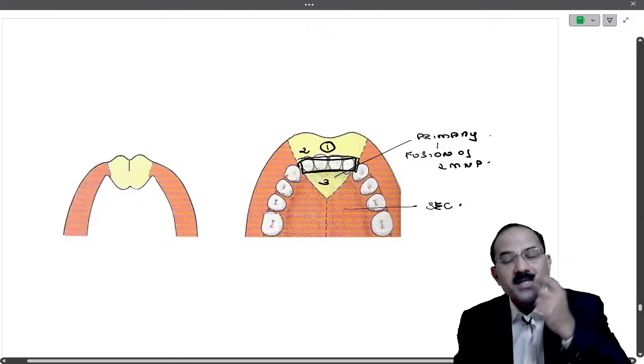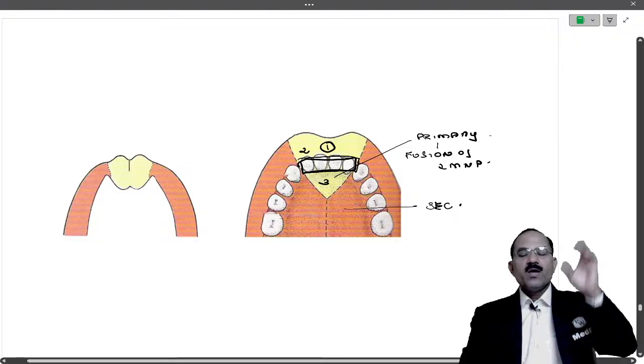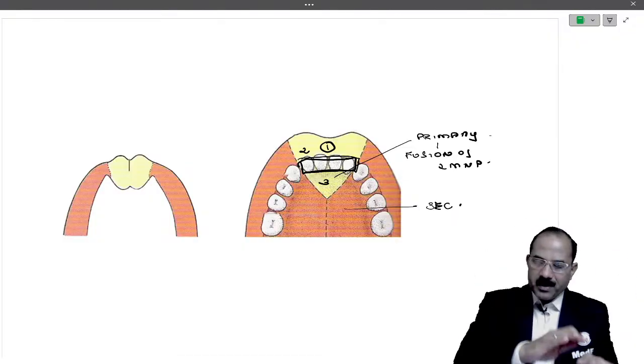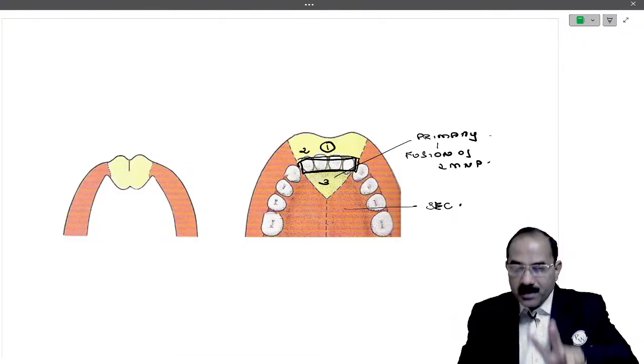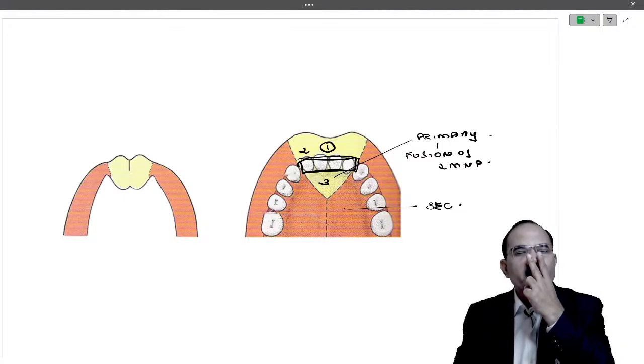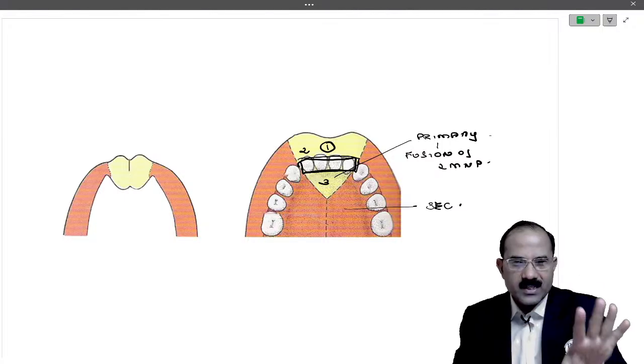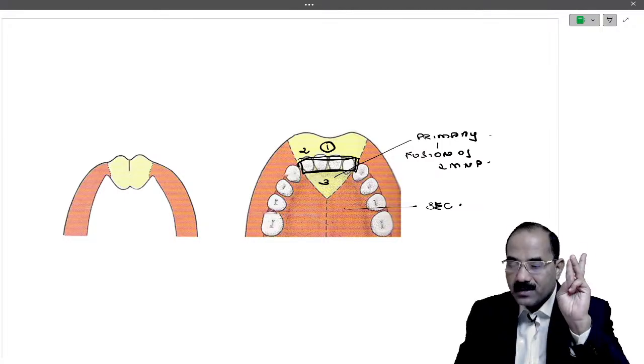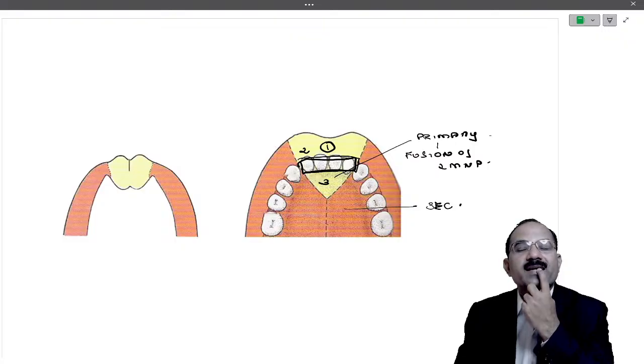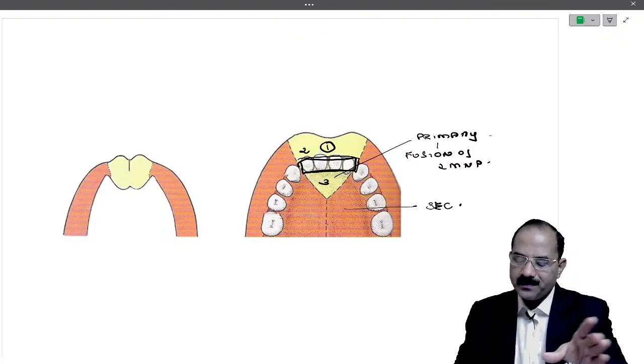That's the primary palate. So the hard palate is of two parts, the primary and secondary palate. Two medial nasal processes form three things. One is the philtrum, second is the upper jaw, and the third is the primary palate.